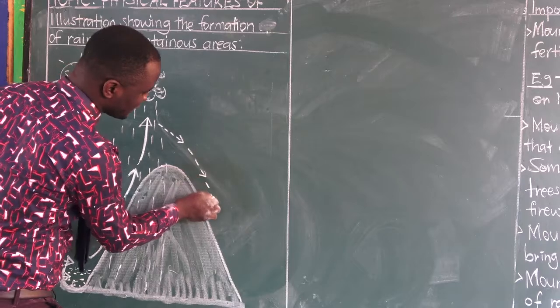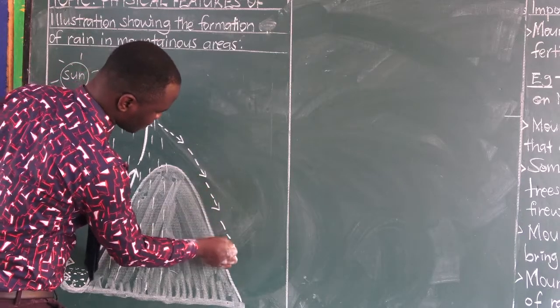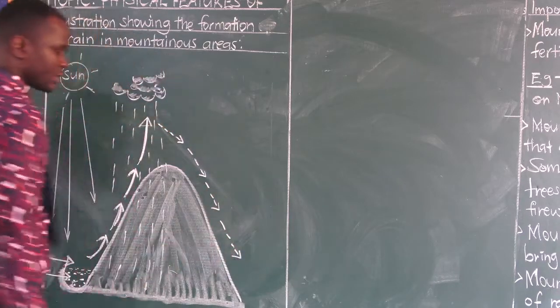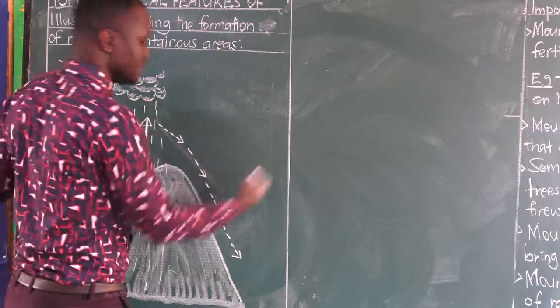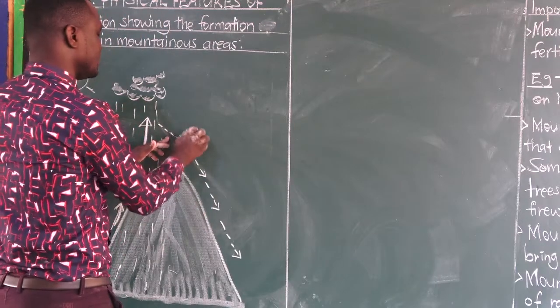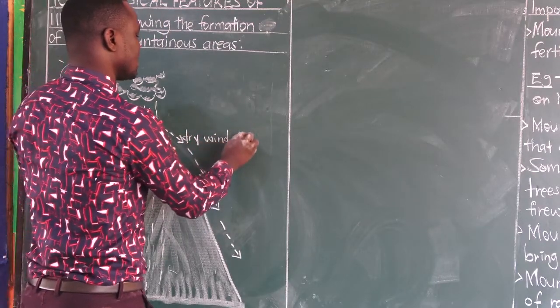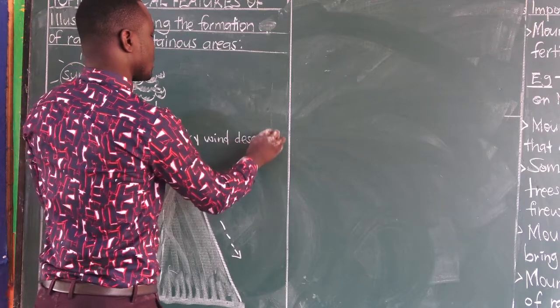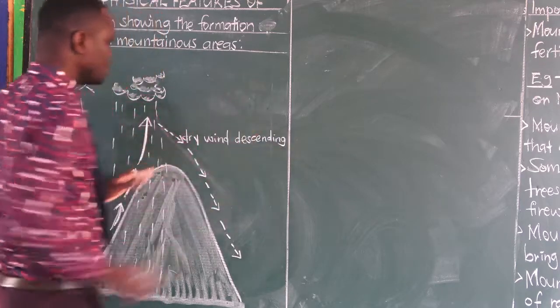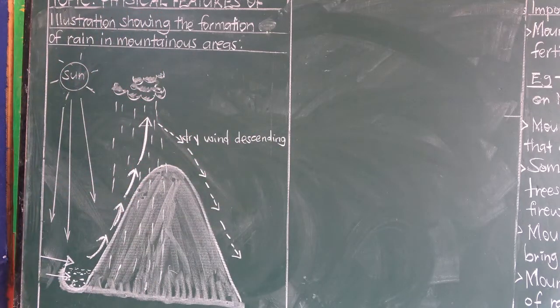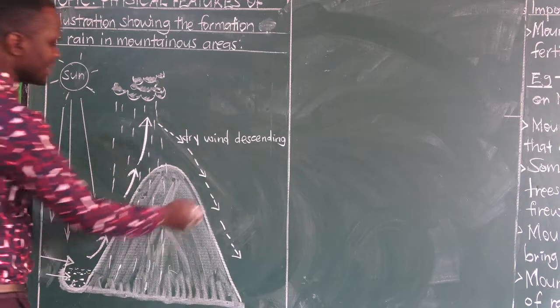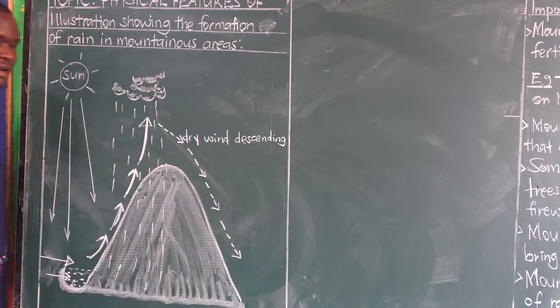Now here, the wind is descending without moisture. We call that one dry wind descending. And because of the dry wind descending, we shall have that the other side does not have rain.